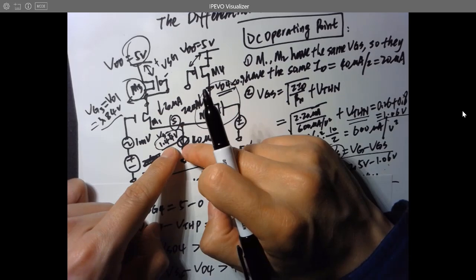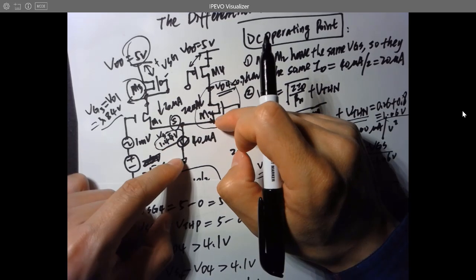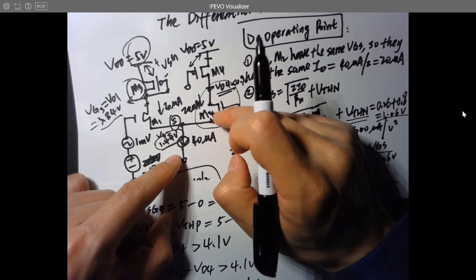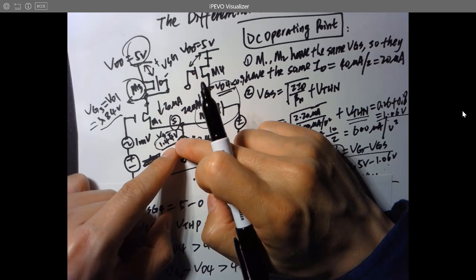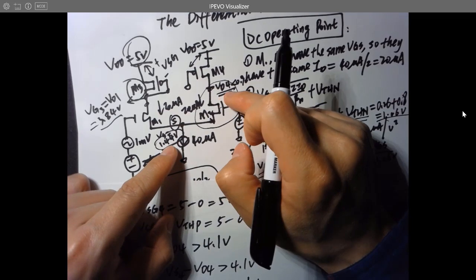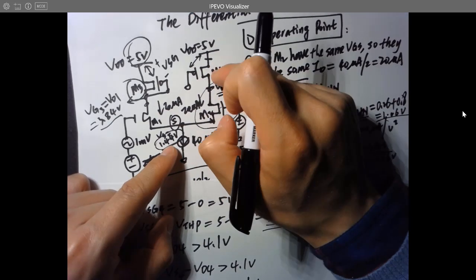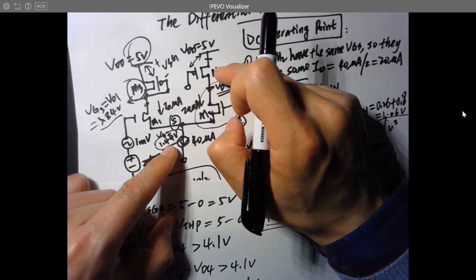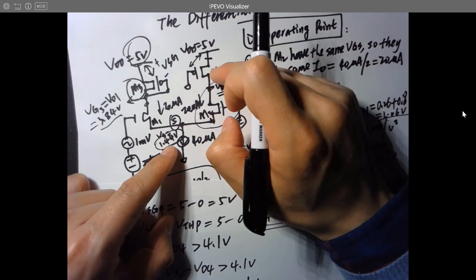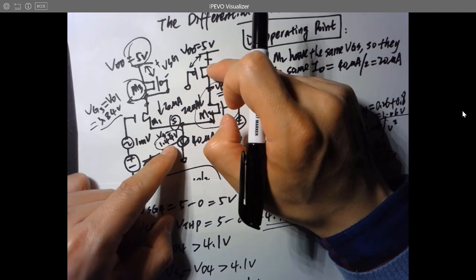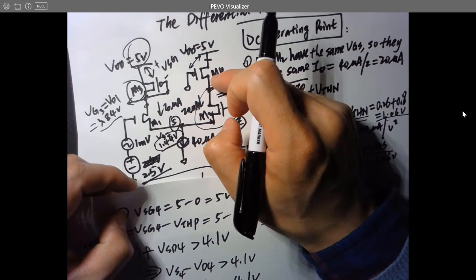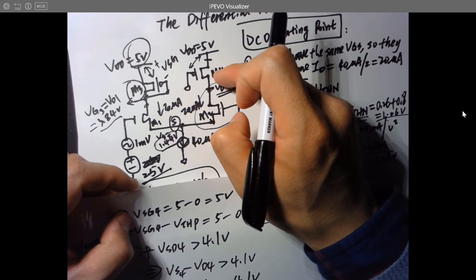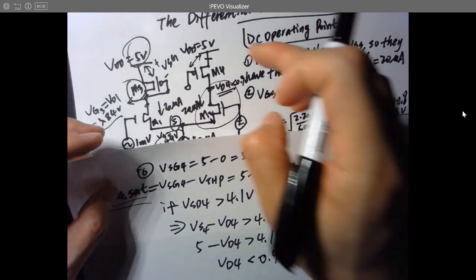Okay, because we know that it's going to be 20 microamps flowing from the top to bottom, so the voltage here has to be higher than VS, which is 1.44 volts. Okay, so this guy cannot be in saturation at all. So the hypothesis at the very beginning saying this is in saturation is wrong. So we cannot let this one be operating in the saturation region. So it has to be in the triode region.